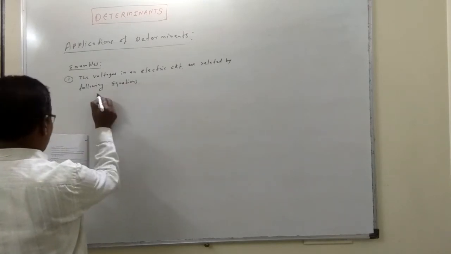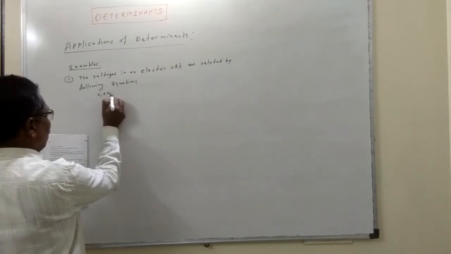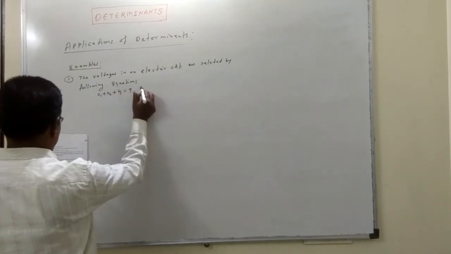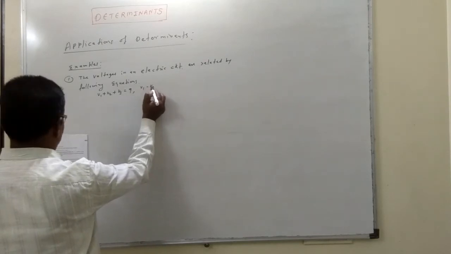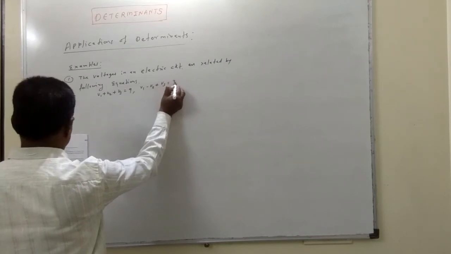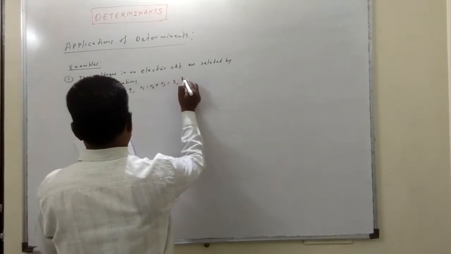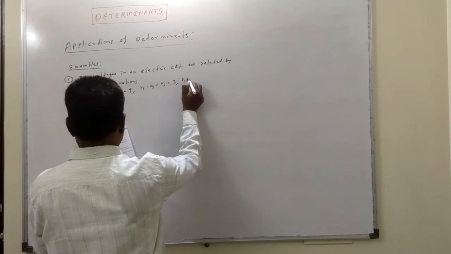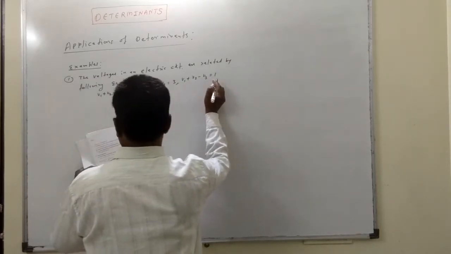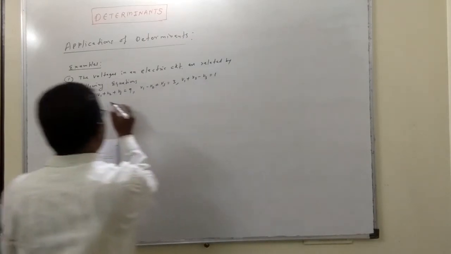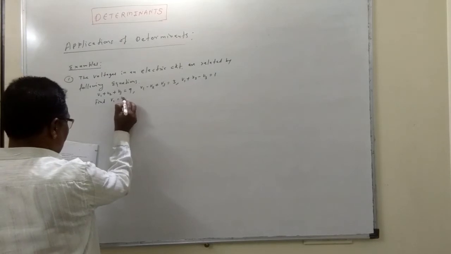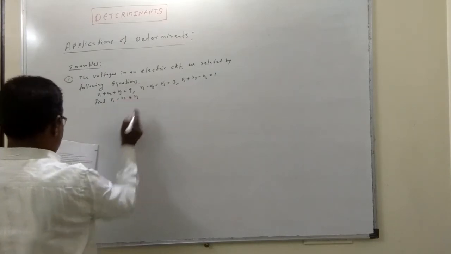Suppose V1 plus V2 plus V3 is equal to 9, V1 minus V2 plus V3 is equal to 3, V1 plus V2 minus V3 is equal to 1. Find V1, V2 and V3.